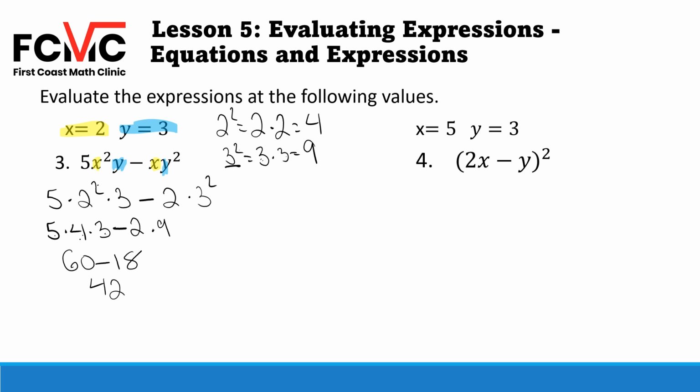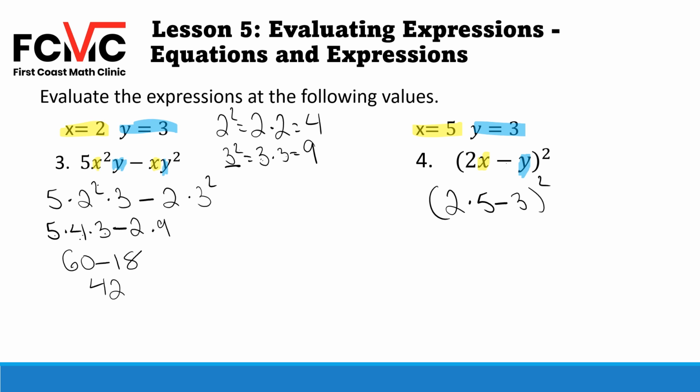Number 4, we've got the quantity 2x minus y to the second power, where x is 5 and y is 3. Let's start with our substitution. 2 times 5 minus 3 to the second power.